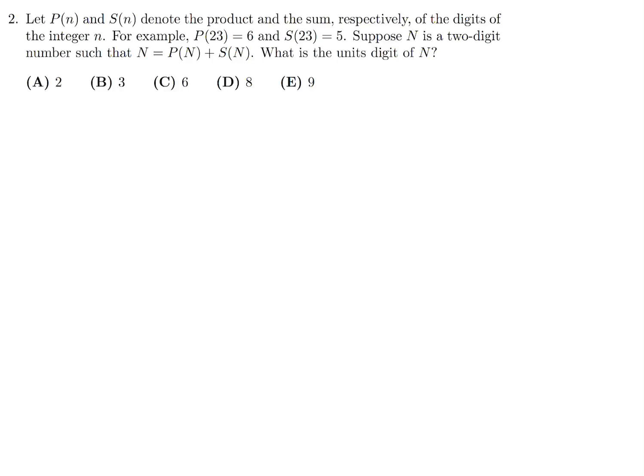All right, so Pn is an operation they're defining as the product of the digits. Right there is an example. So for example, if I gave you P56, what would be the answer?